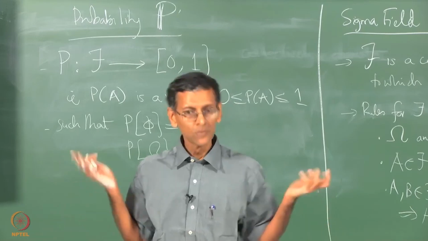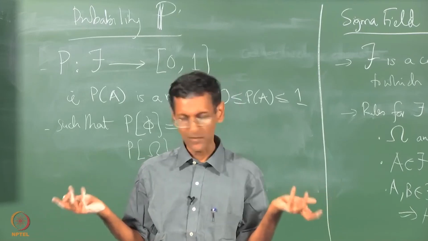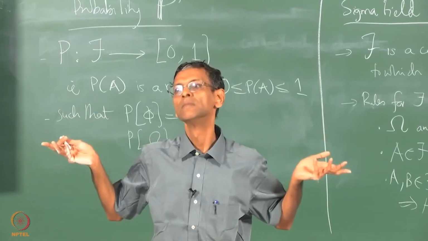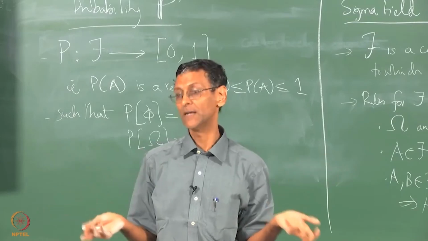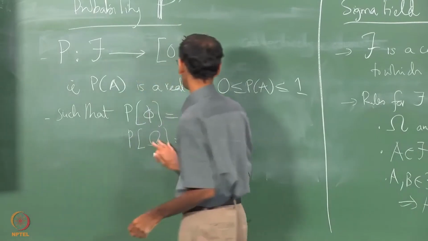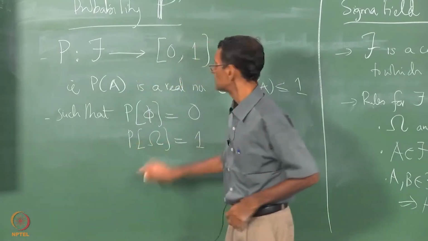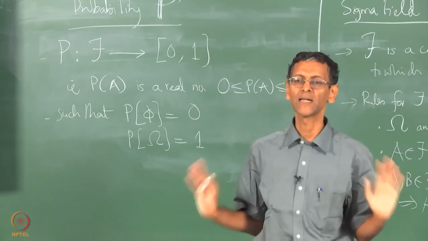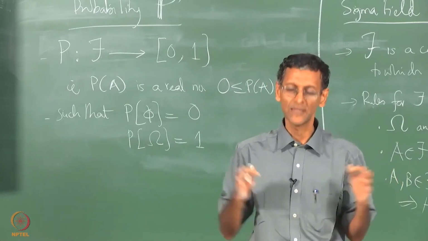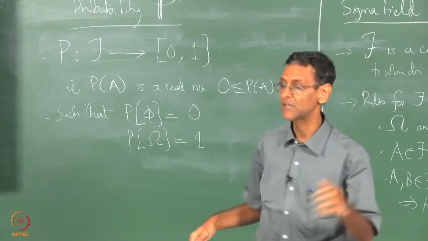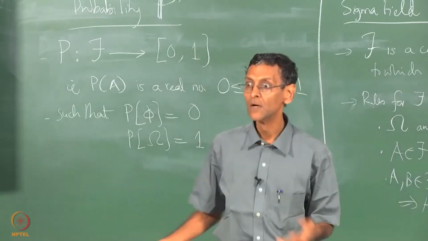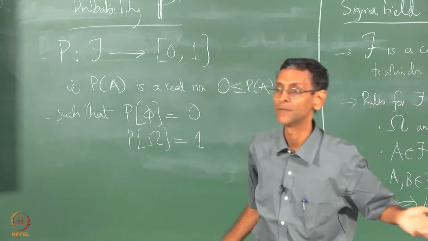Although the theory will work okay, and I am sure it can be reworked if you have any positive number as the probability of omega, there is an important physical reason for making that maximum number equal to 1. We want it to be some finite number, and a lot of things fall into place if you make this equal to 1. So, that is the universally used convention which we are going to follow here.